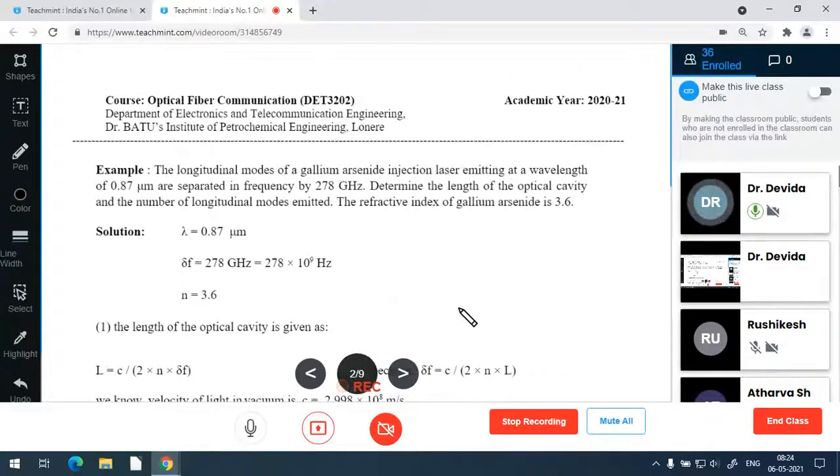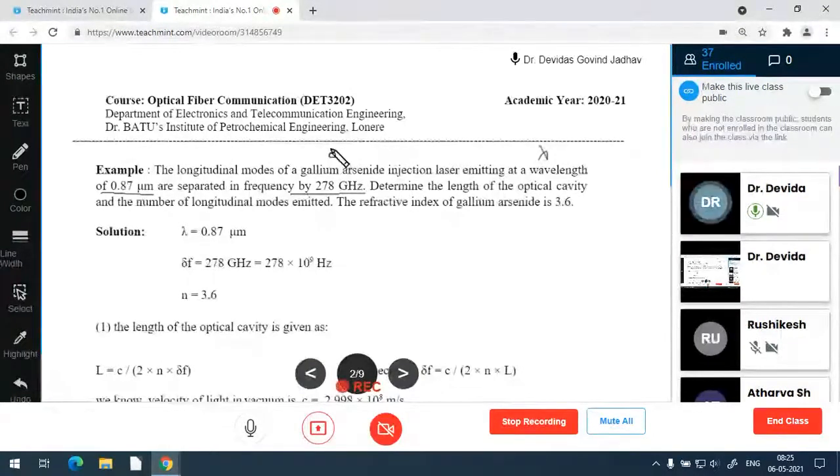Then one more example we can check: the longitudinal modes of a gallium arsenide injection laser emitting at wavelength 0.87 micrometer. So this is the wavelength lambda, 0.87 micrometer, separated by frequency 278 gigahertz.